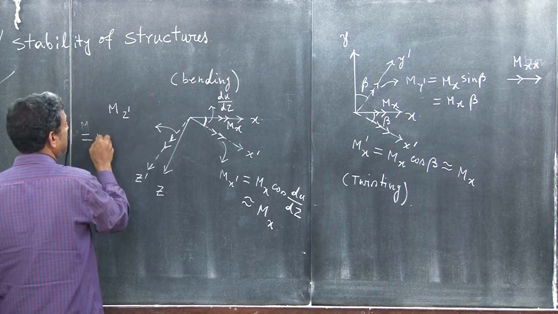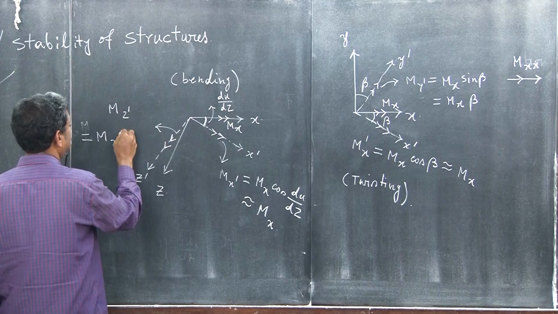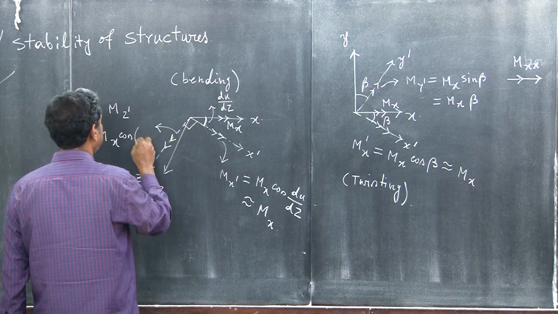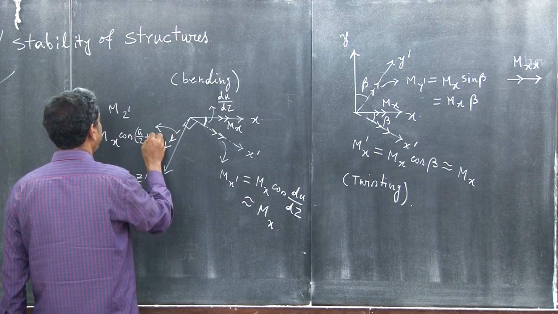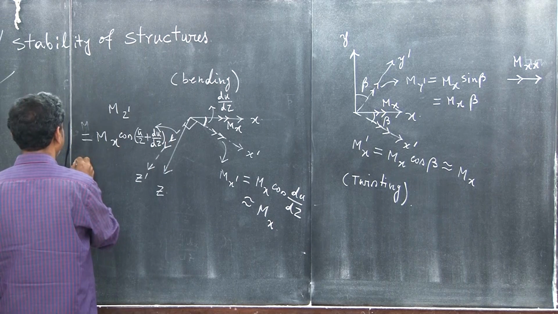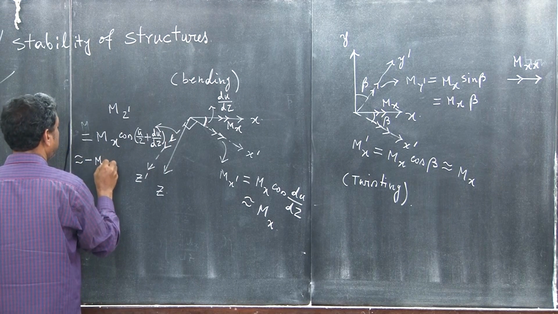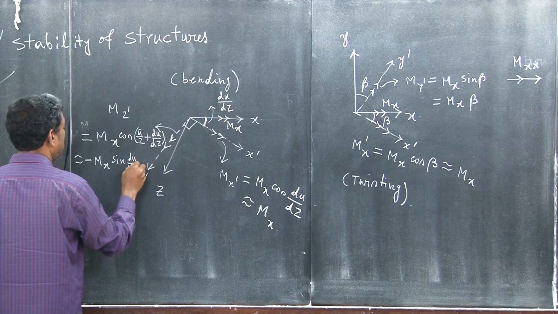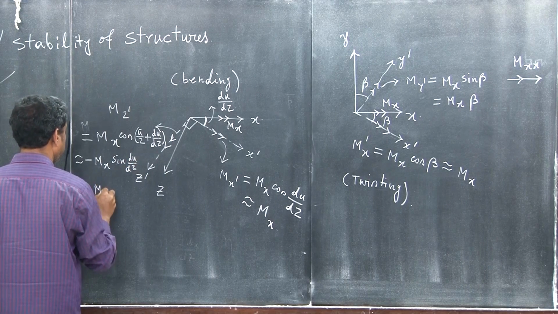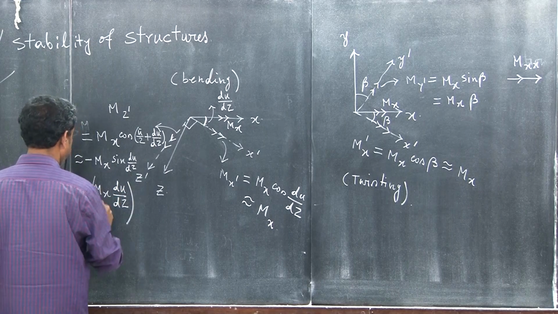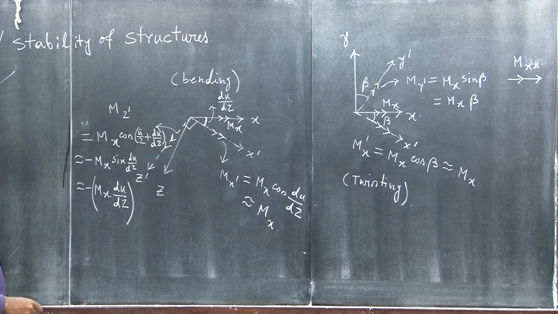Mz dot is nothing but Mx cosine of pi by 2 plus du dz. So pi by 2 plus du dz means minus Mx sine du dz, and that means it is minus Mx du dz, right?